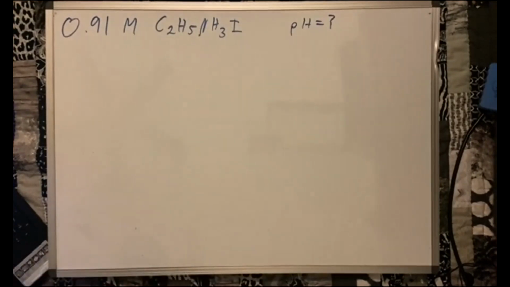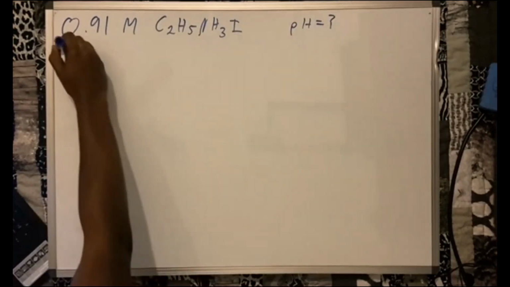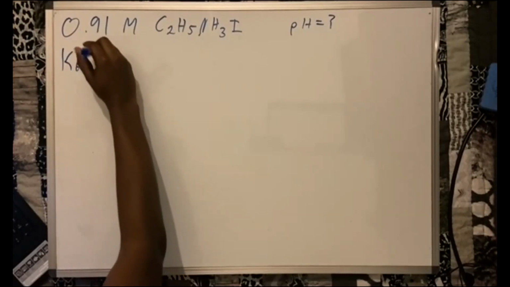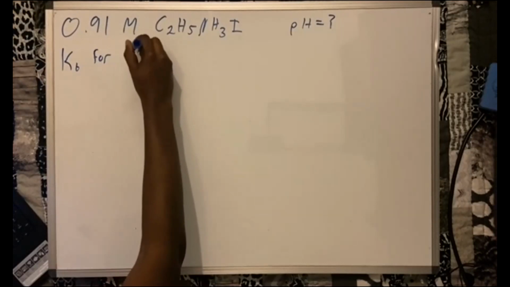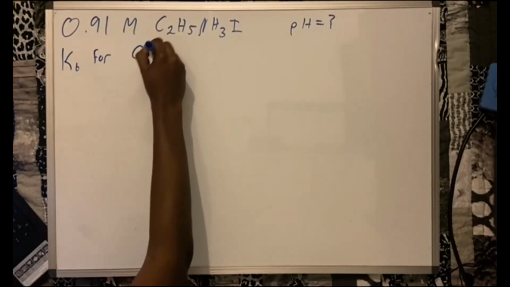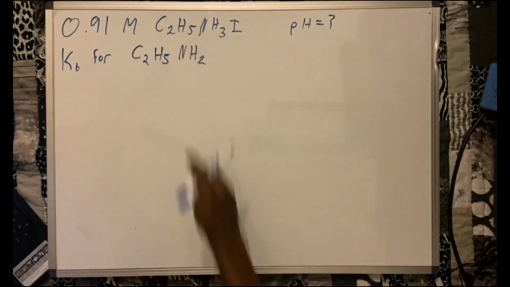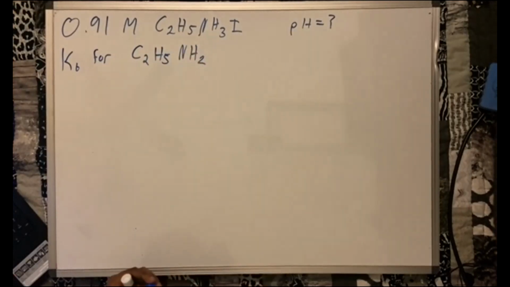Okay, and then the problem is an interesting part. They give us a Kb for C2H5NH2, right? Okay. Alrighty.